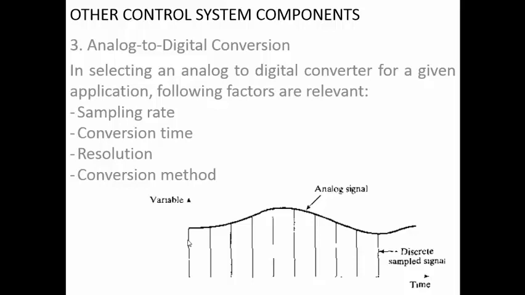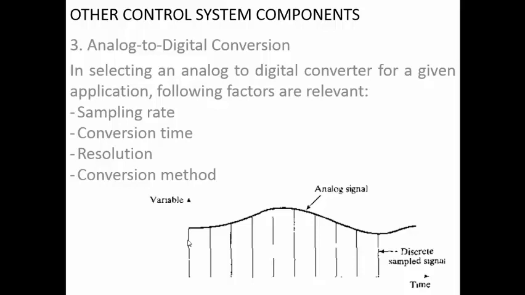If you are having a 4-bit controller, then you can have 2 to the power of 4 minus 1 number of levels, that is 2 to the power of 4 is 16, minus 1 is 15 levels. So you can represent the values from 0 to 15 or binary numbers 0000 to 1111. So each binary value represents one level.